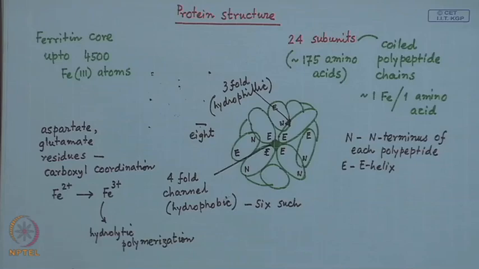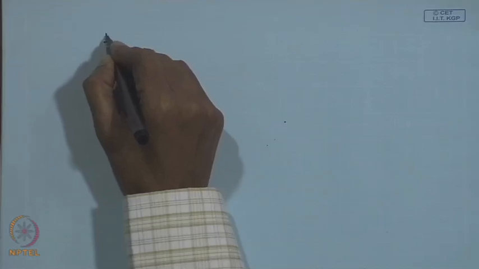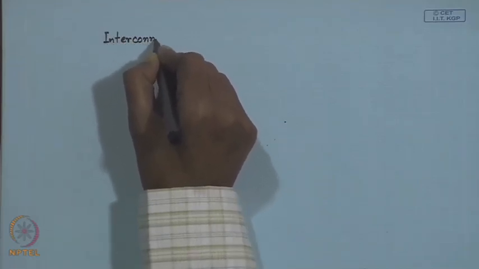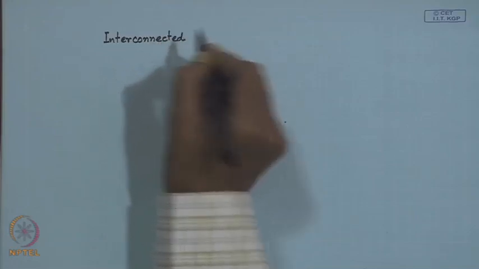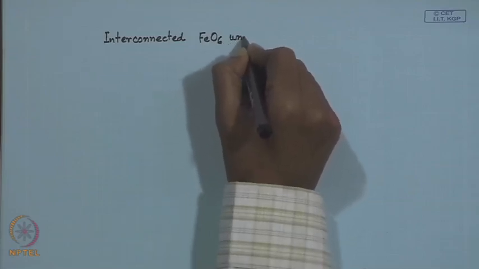Hydrolytic polymerization. So, through these channels, these ions are entering within the ferritin core, and those cores are identified, again what we learned through the technique XAFS, that they are basically providing some interconnected FeO6, they are all interconnected.